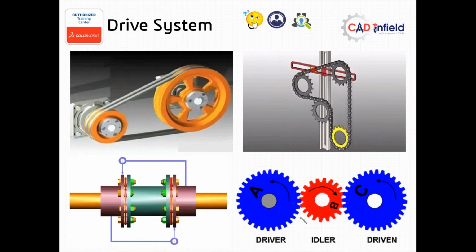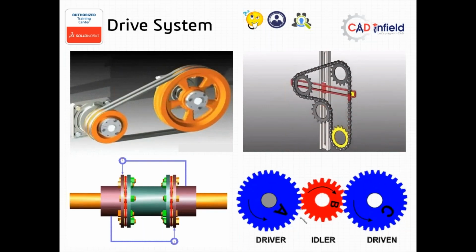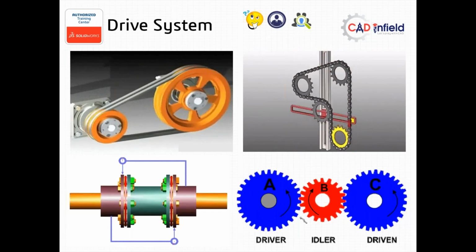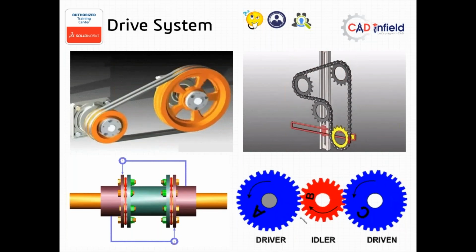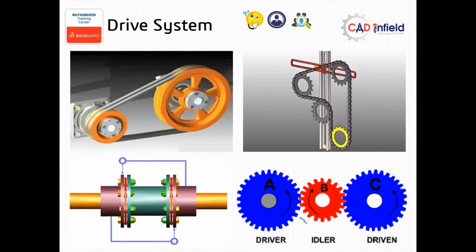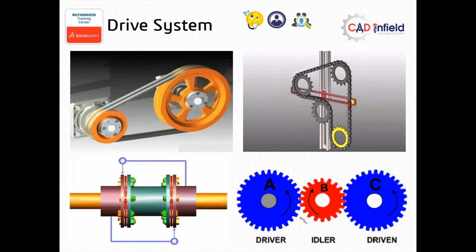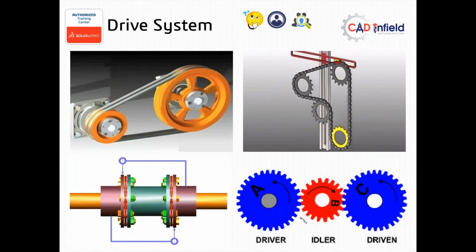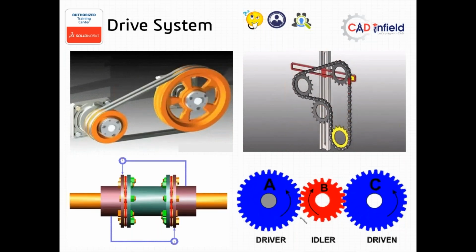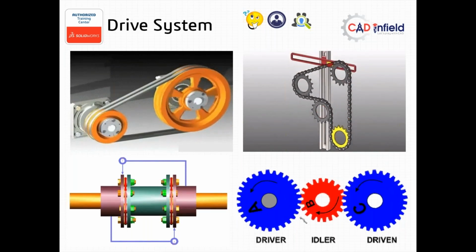We have a flange coupling, and a third image where we can transmit the power from one shaft to the other shaft, and lastly we have a gear. I tried to cover a few things which are going to be included inside the drive system.